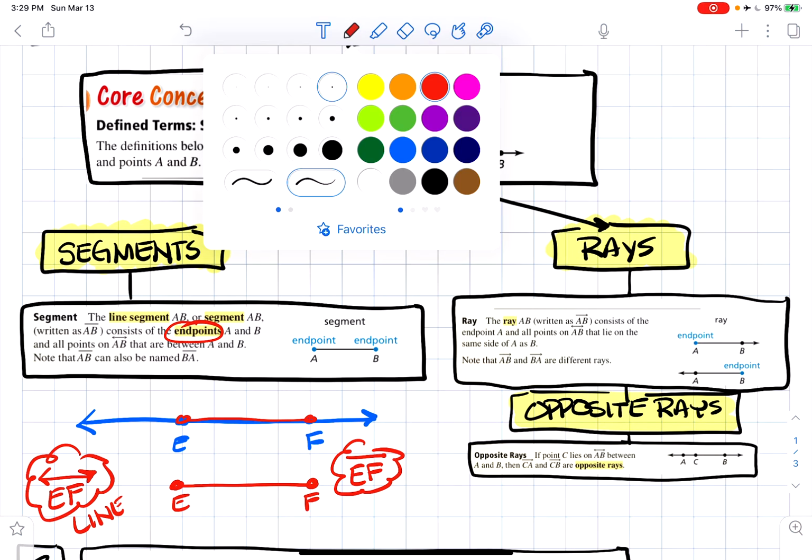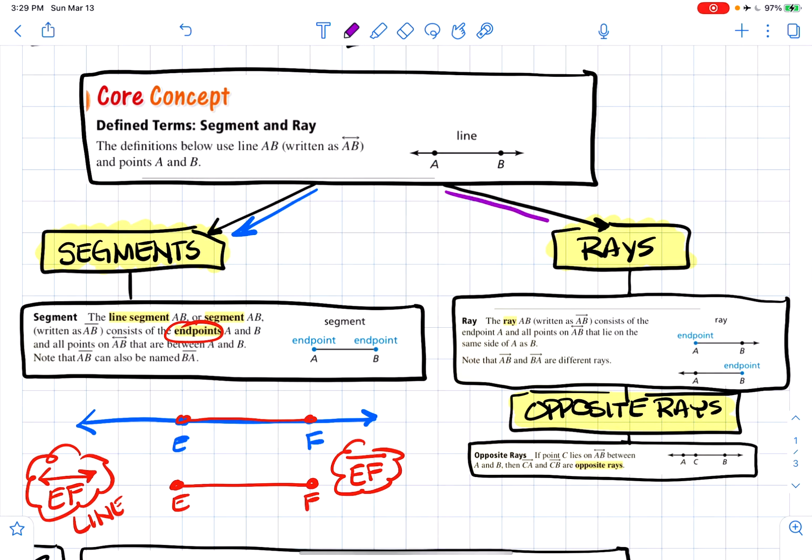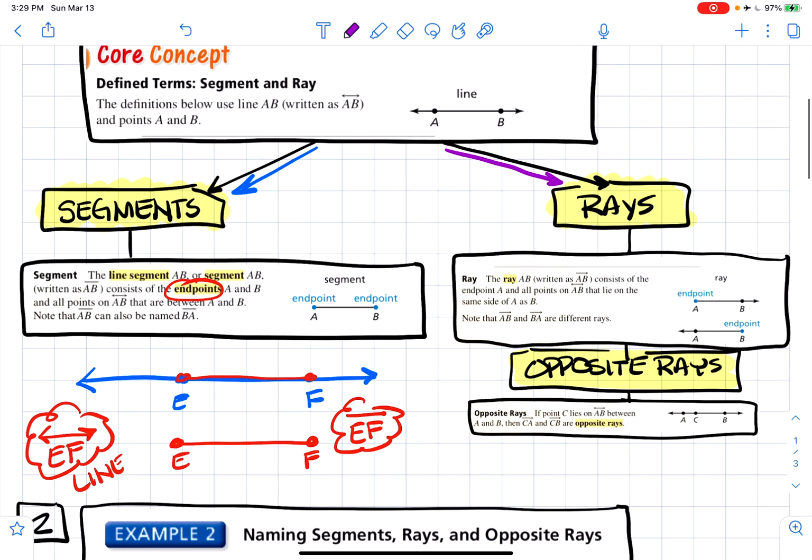Let's go over here now and talk about, in purple, rays, the other side, right? So if I take a line like I did before, and I'll just stay with the example E and F, and I only look at E and then go off in one direction, then what I have created is a ray.